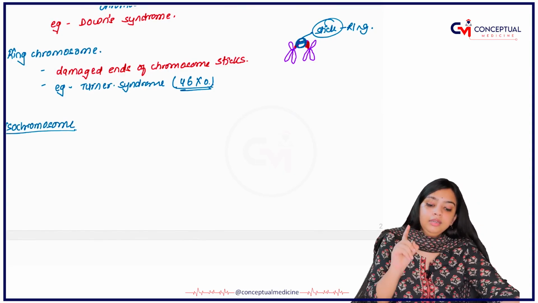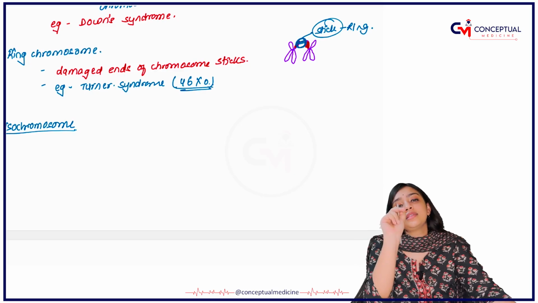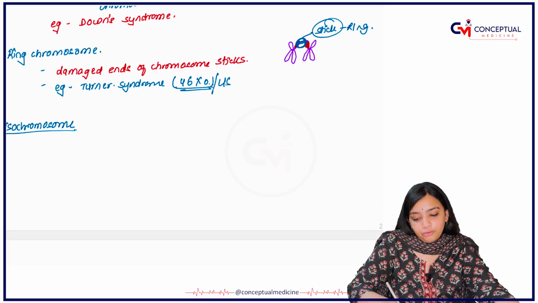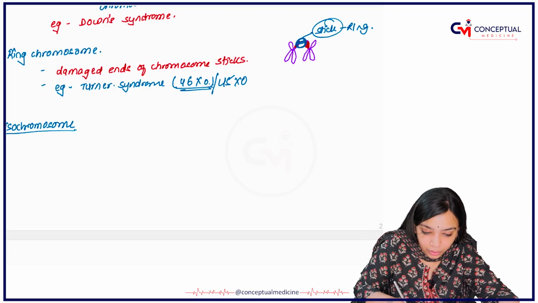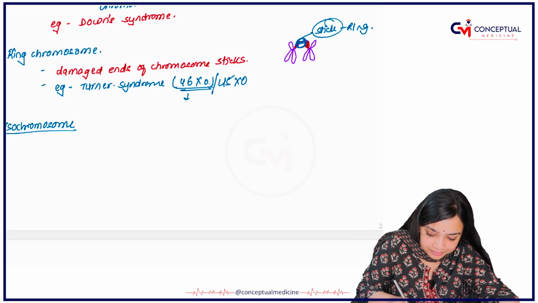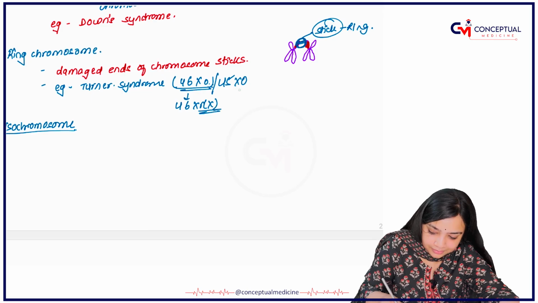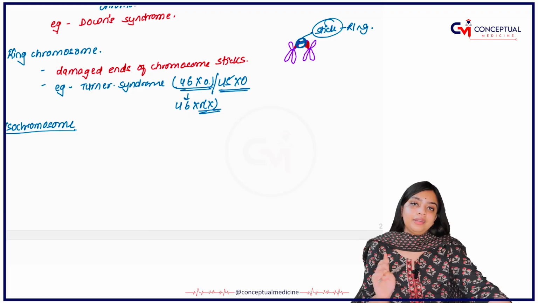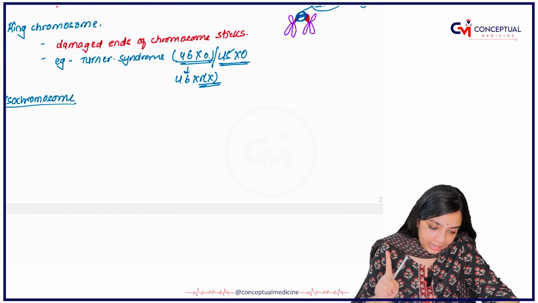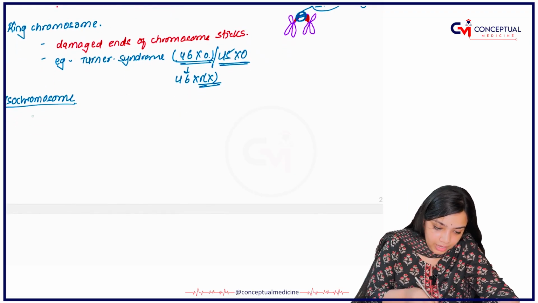Guys, tell me one thing. Is Turner syndrome 46XO or 45XO? Okay, it is 46XO, that is X, or 45X. Which is better to write? Tell me that. Okay, next you have the isochromosomes.